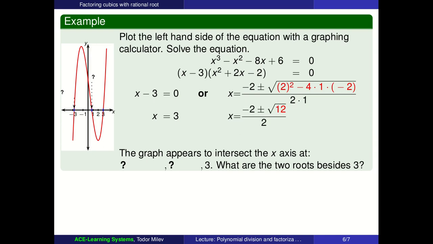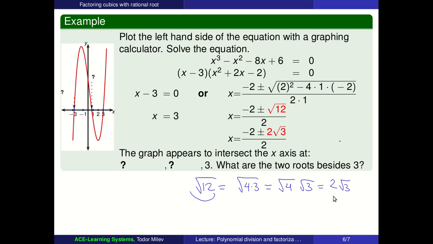That can be simplified a little bit further. So I can simplify a radical of 12 like this. Radical of 12 equals radical of 4 times 3, which equals radical of 4 times radical of 3, which equals 2 times radical of 3. So I replaced radical of 12 with 2 times radical of 3.